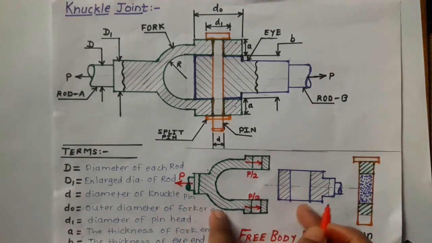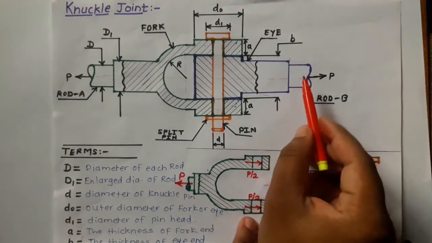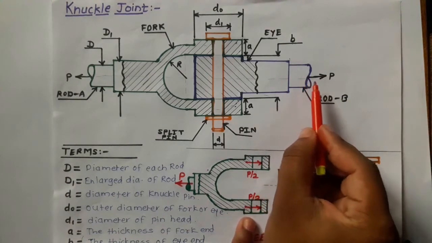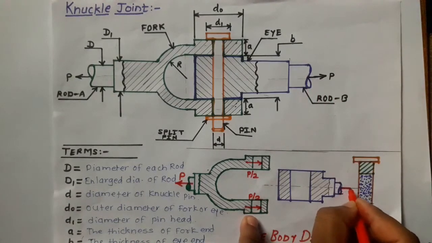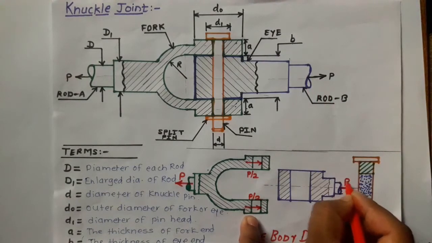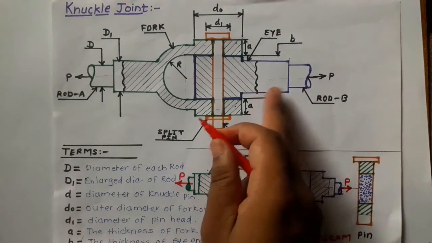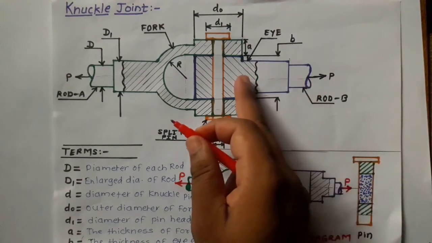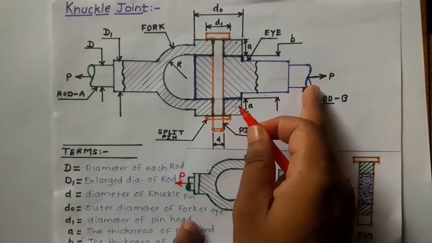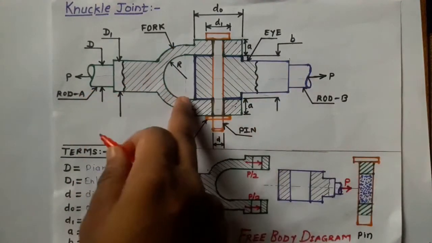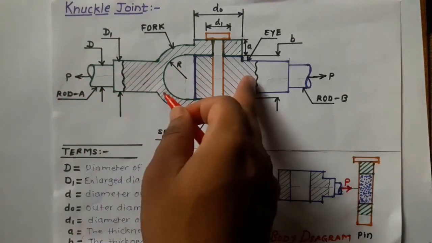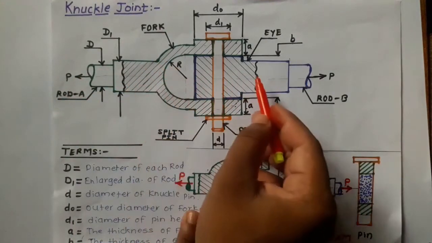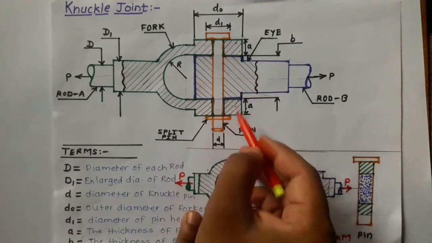Now similar to this we can draw the free body diagram for this eye. Now we can see here the force applied on this eye towards the right side with the help of the rod. So on the rod the force applied is P, and with the help of that force this eye is pulled towards the right side. Now if you look at this fork, on the fork force is applied towards the left side, and this fork is pulling this eye with the help of the pin towards the left side.